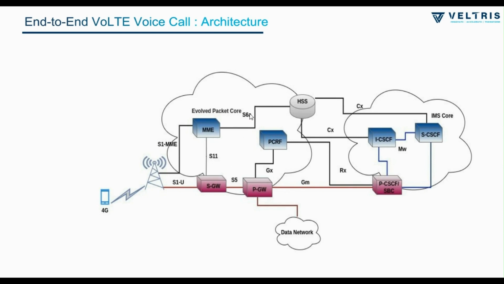This call request is then forwarded to the EPC. Like I mentioned earlier, MME will do its job, S gateway and P gateway deal with the signaling part, and HSS deals with all the subscription data. That means, technically speaking, it will do the authentication and authorization.